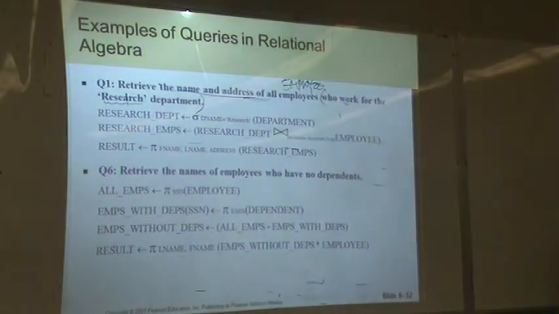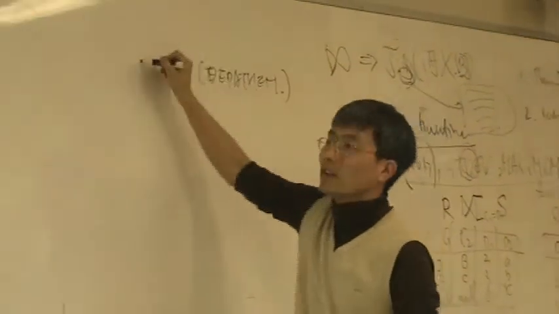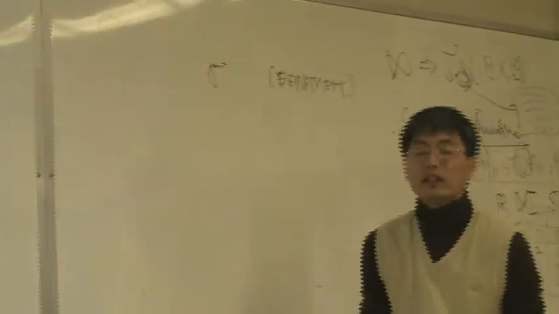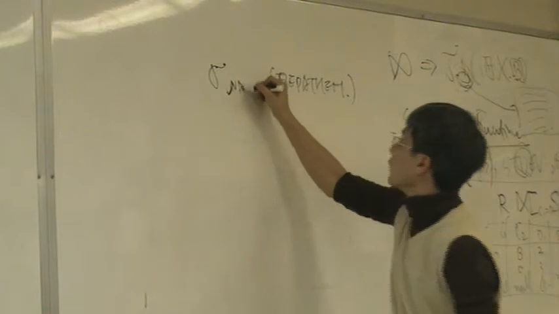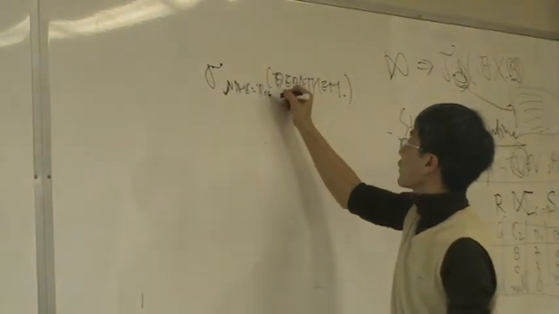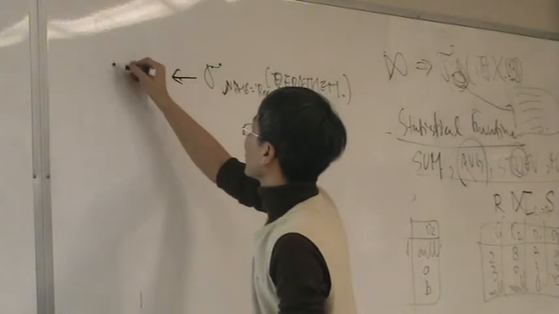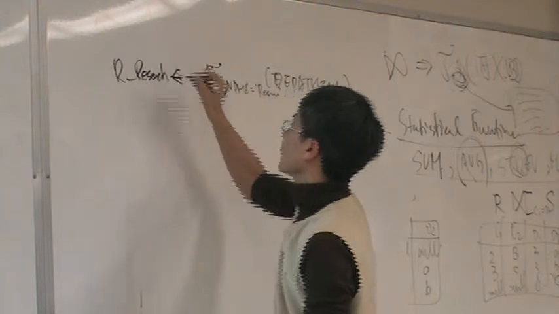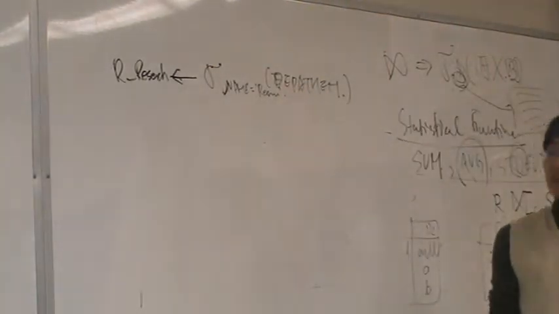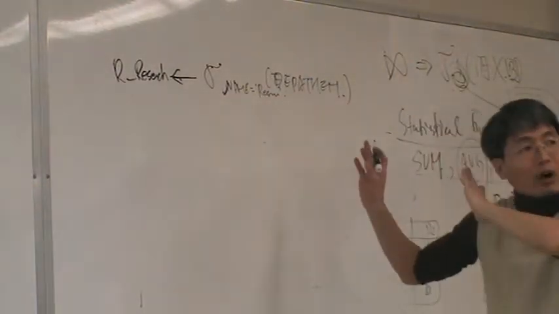So, first access department and what we need: DNAME is equal to research. And say rename relation R_RESEARCH. Okay? Then using that information we can access the employee data. How?